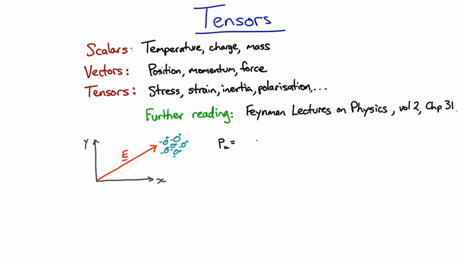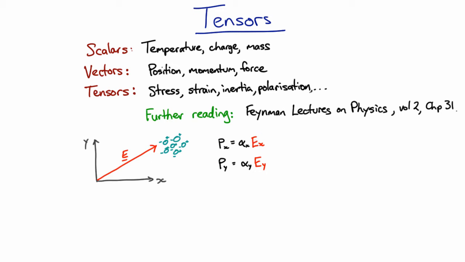And so if we apply an electric field in the x direction, then we get a polarization in the x direction. If we apply an electric field in the y direction, we get a polarization in the y direction. And this relationship I'm drawing here is linear, which means when my electric field is weak, we often get a linear relationship, and so the polarization is just proportional to electric field.